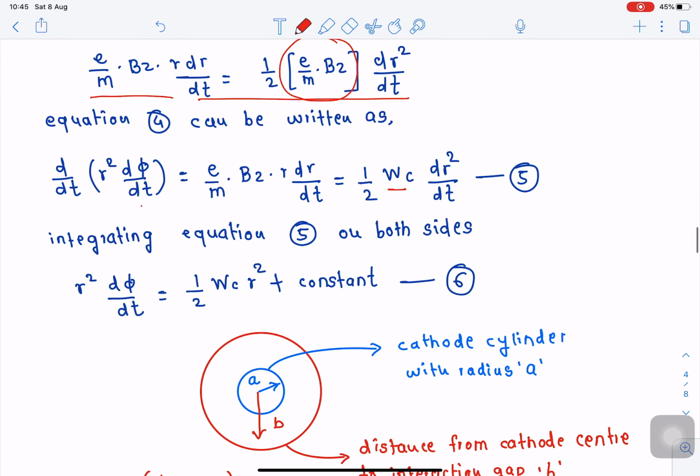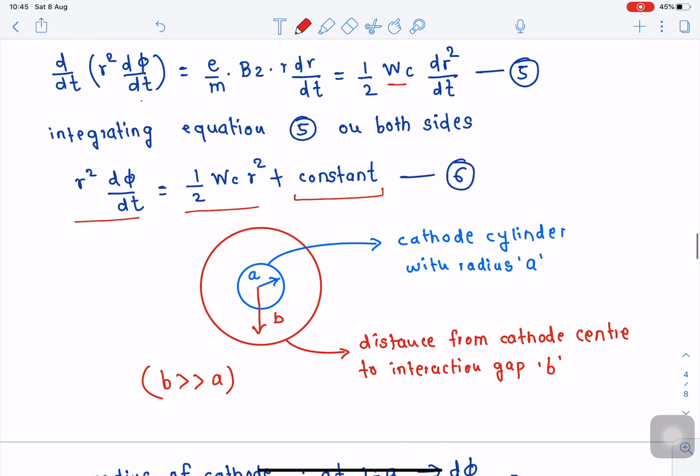Now we integrate equation number 5 on both sides, so that the d by dt terms on both sides cancel out, and we get r square d phi by dt is equal to, on the right hand side, 1 by 2 omega c r square, plus a constant of integration. This is given by equation number 6.